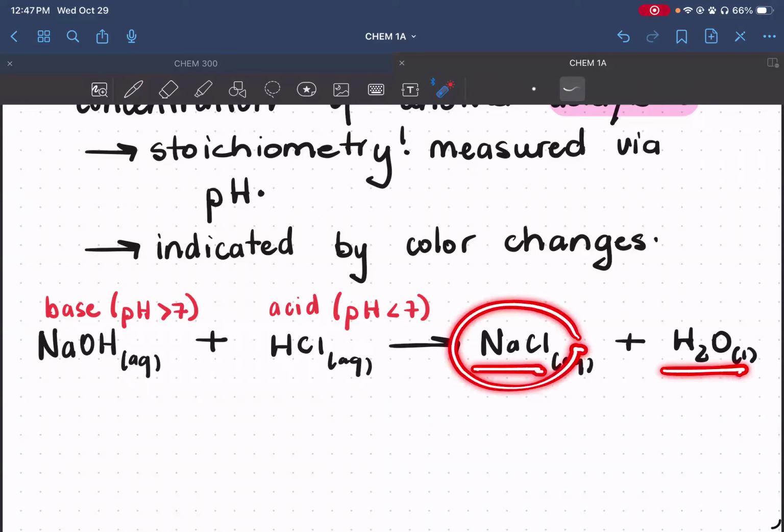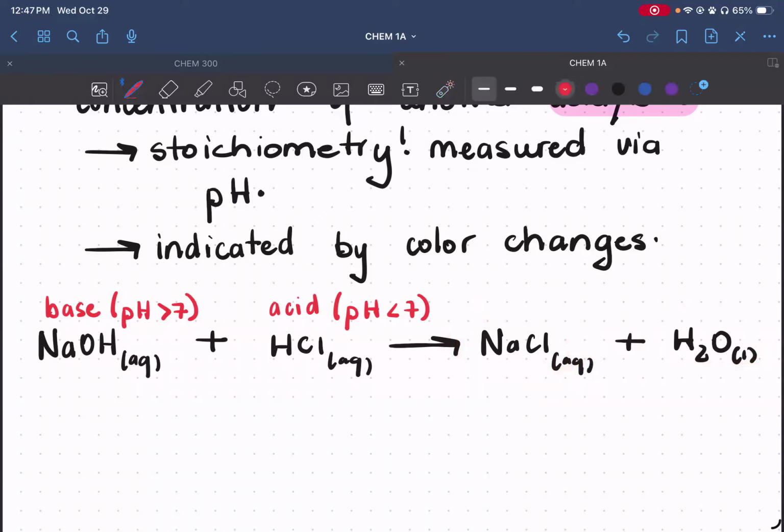Now, of course, a salt is neither an acid nor a base, so you can't quite measure it easily. But water is known to have a pH that should be pretty close to 7. Maybe sometimes you might see 7.1 or 6.9, but it should be pretty close to 7. So what we have here is a situation where we have two chemical compounds on opposite ends of the pH scale coming together, and by the end, the pH sort of balances out to somewhere close to 7.